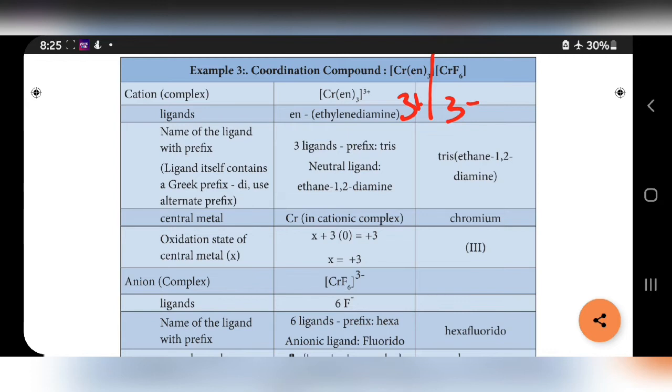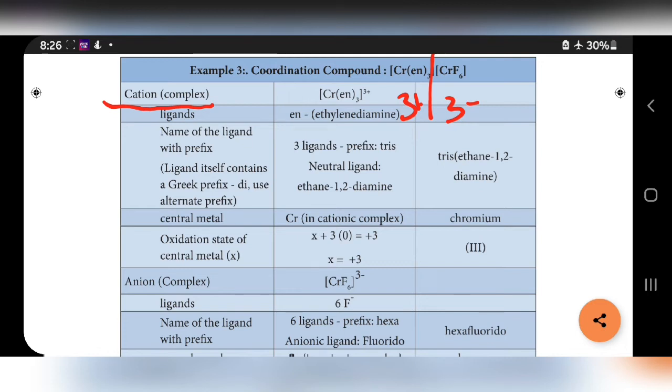As per our previous rule, if the compound is ionized, the square bracket and the part other than the square bracket are named separately. Here both are square brackets, so no other way. Generally we give preference to the positive ion, so first you have to name the positive one, that is the cationic complex, Cr En thrice 3 plus.